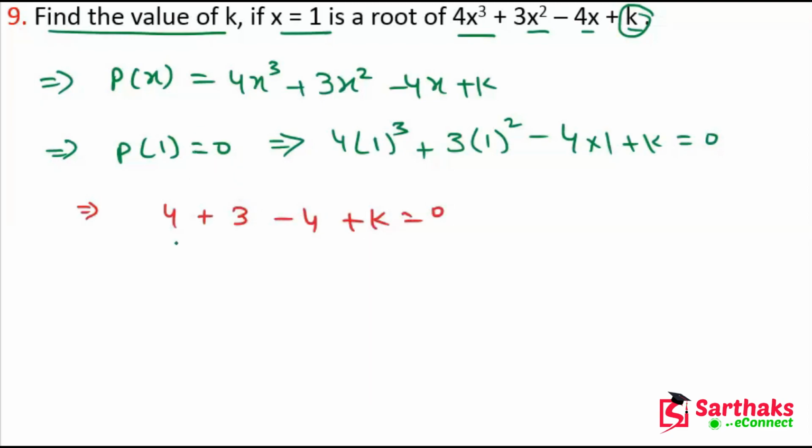Now this 4 and this 4 will be cancelled because they are of opposite sign, and we get k is equal to minus 3. So the value of k is minus 3. Okay my dear friends, I hope you understand these things.